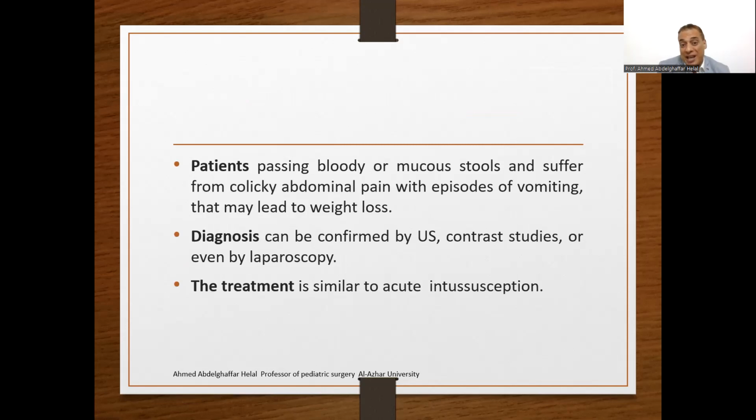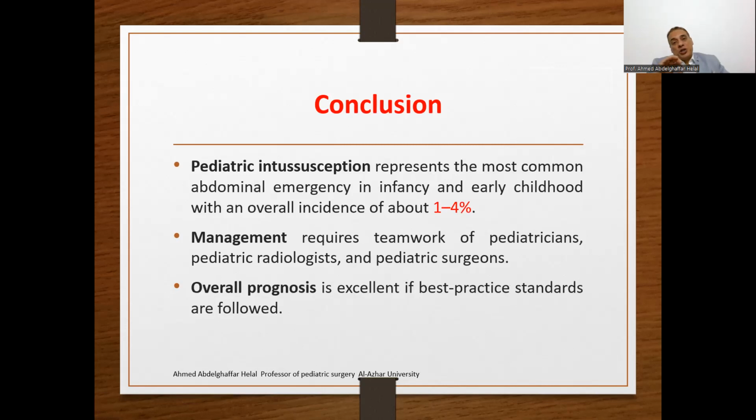The diagnosis can be confirmed by ultrasound, contrast studies, or even laparoscopy, and the treatment is similar to acute intussusception. In conclusion, pediatric intussusception represents the most common abdominal emergency in infancy and early childhood, with an overall incidence of about 1 to 4%. Management requires teamwork of the pediatrician, pediatric radiologist, and pediatric surgeon.